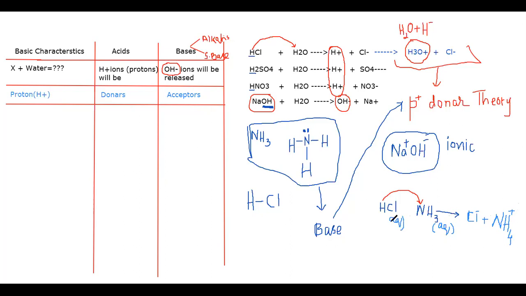How is it neutralizing the acid? Because it is getting the hydrogen ion that has been released by the hydrochloric acid, according to proton donor theory. Also, let's suppose, I'm giving another example here. In the case of water, H2O, and this is ammonia, NH3.